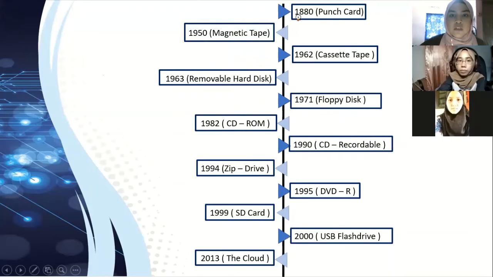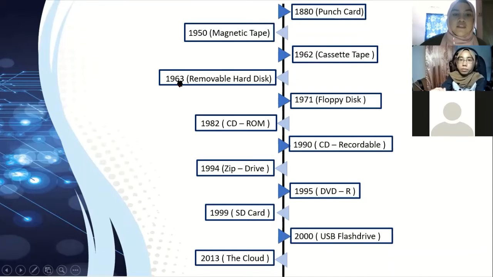From 1880, we used the punch card. 1915, magnetic tape. 1962, cassette tape. 1963, removable hard disk. 1971, floppy disk. 1982, CD-ROM. 1990, CD recordable. 1994, zip drive. 1995, DVD-R. 1999, SD card. 2000, USB flash drive, and 2030, the cloud.